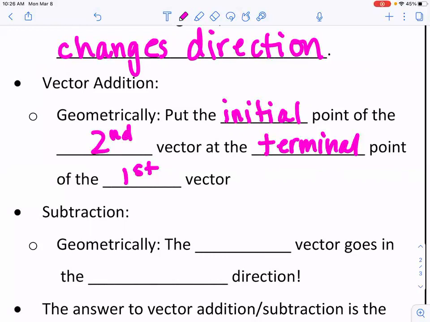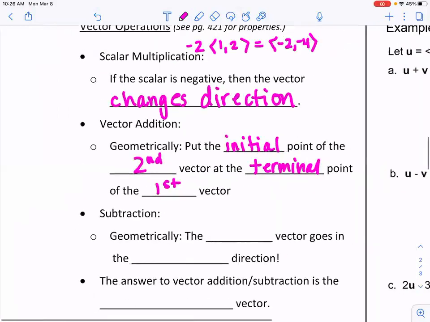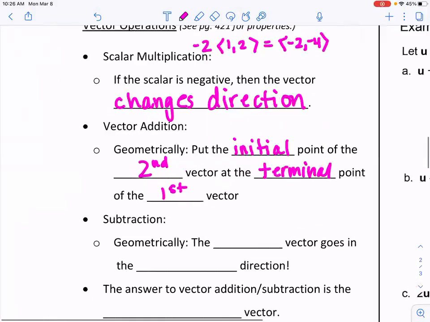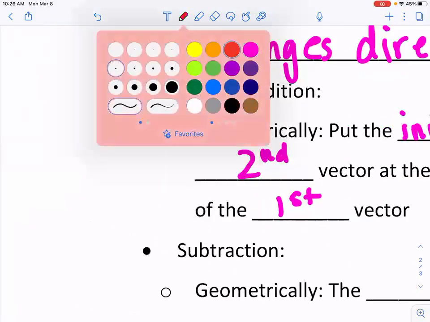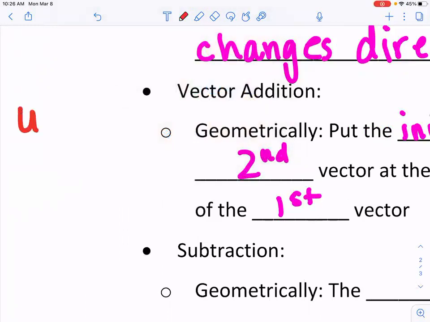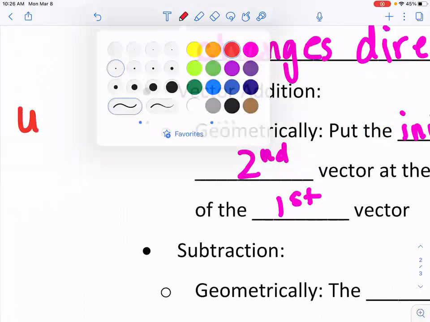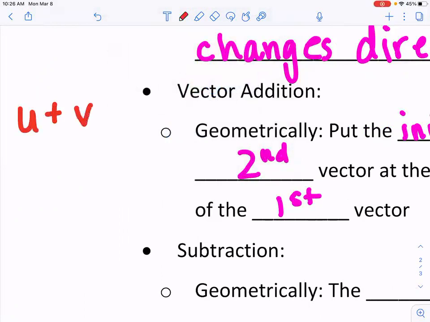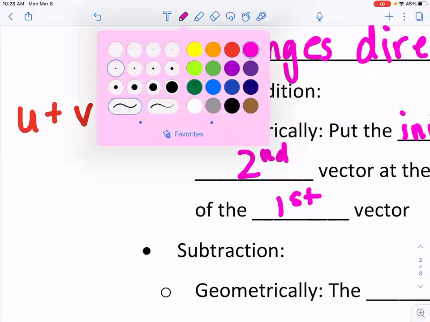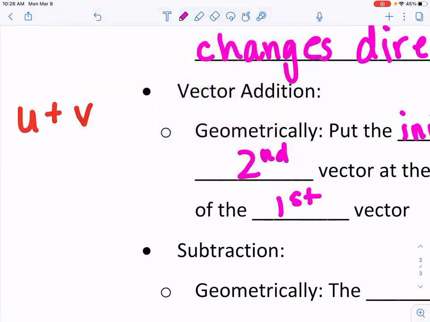Yep, that's exactly what it is. So if I am adding the vectors u plus v, here is vector u.